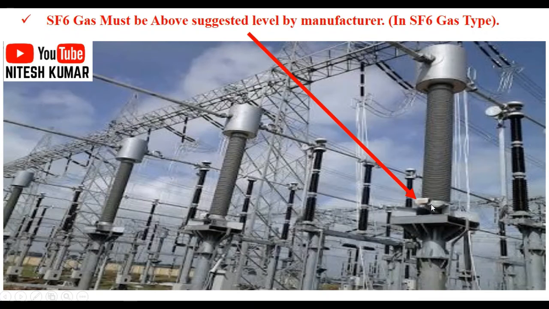It should be above the suggested level. That means it should not be in the red zone. If it is in the red zone or below the level, then you must report to your boss or take immediate action. This is very much important, okay. Whenever you see such a type of CT, you can guess this is an SF6 gas type CT, okay.